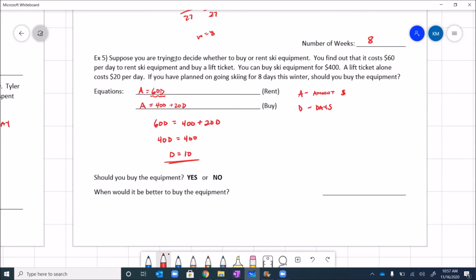So at 10 days, this would be the same. It wouldn't matter whether you rented or bought your equipment. But the problem says we've got 8 days.